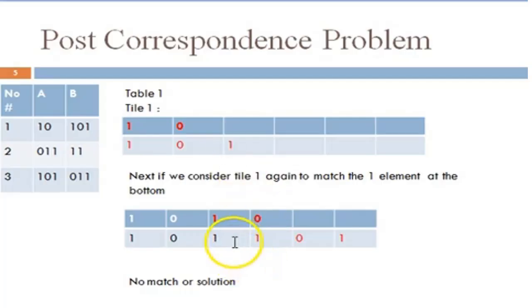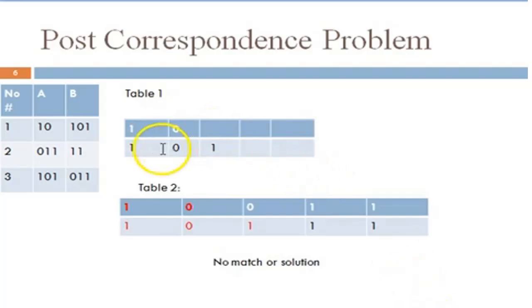In this case, the top sequence becomes 1 0 1 0 and the bottom sequence becomes 1 0 1 1 0 1. Now this has led to a sequence where 2 elements at the bottom are not having a match. Therefore, considering tile 2 at position 2 is not good. We need to find another solution.